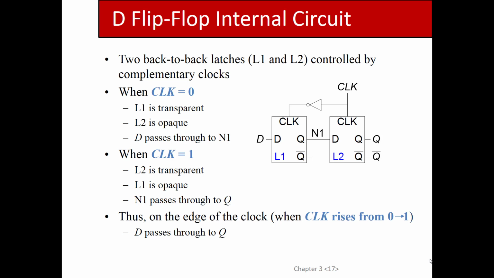And because you've got them on opposite levels of the clock, it creates this effect: when clock is low, you go through this guy. When clock is 1, you go through this guy. But there's a very small period of time when they're essentially both enabled. It's in that transitionary period, that rising edge.